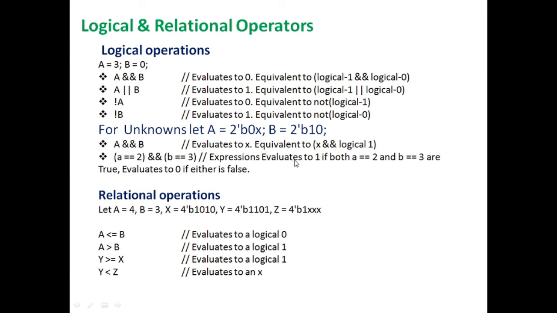The expression evaluates to 1 if both a equal to 2 and b equal to 3 are true, that means if this is a true condition and this is also a true condition, it evaluates to 1. And if this is false and this is a true condition, it evaluates to 0, that is false. So this is about logical operations. Simply remember the output may be a 0, or a logic 1, or a logic x.